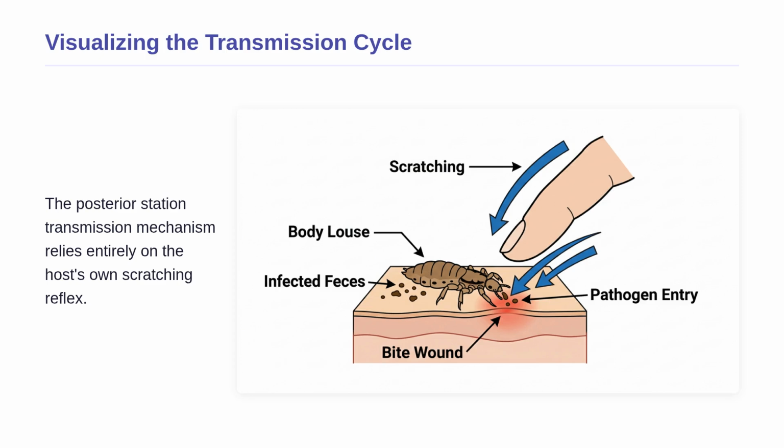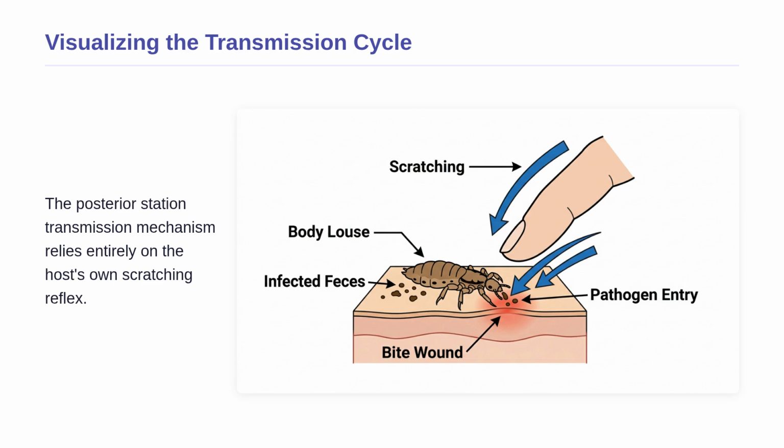Let us visualize this crude but highly effective mechanism with a detailed diagram. On the screen, you are looking at a cross-section of human skin. Notice the body louse actively feeding, which creates the small bite wound labeled at the bottom. Crucially, look just behind the louse. You can see the infected feces being deposited directly onto the skin surface while it feeds.